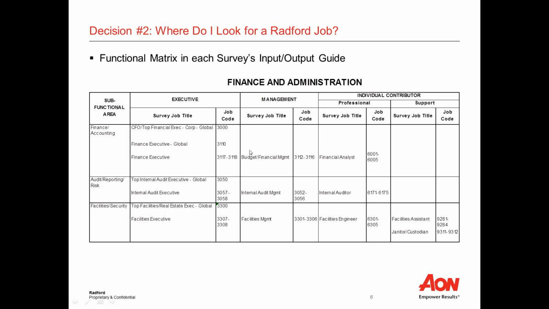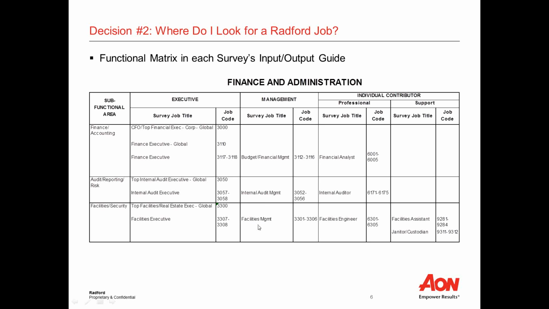But here we need to identify if we're looking for a facilities manager, who's someone who has responsibility of a team. We know that this person may be found within the finance and administration function. The person is definitely a manager of managerial responsibility. And here we go down the actual list of available jobs, job descriptions, job families.